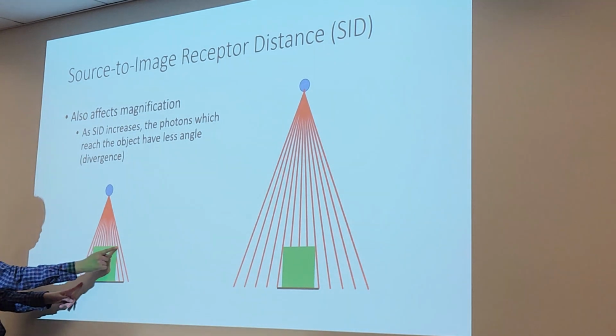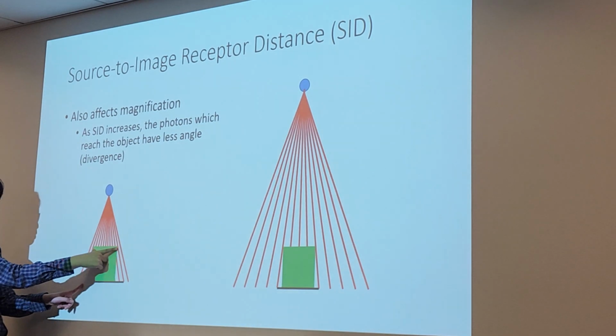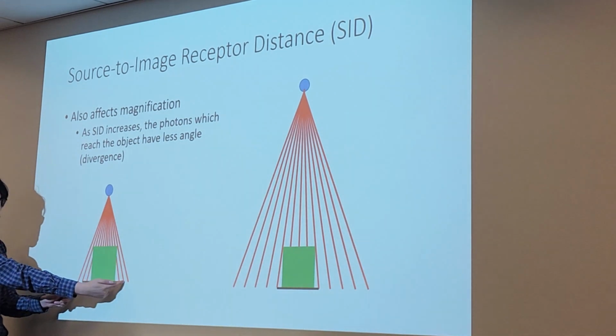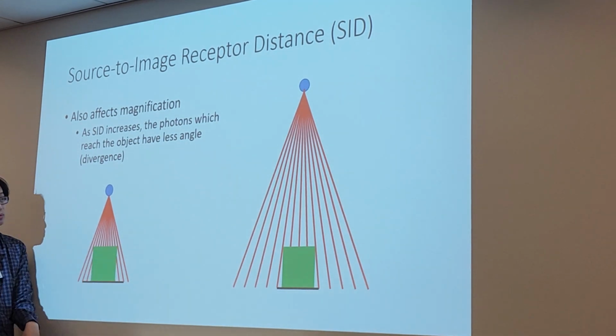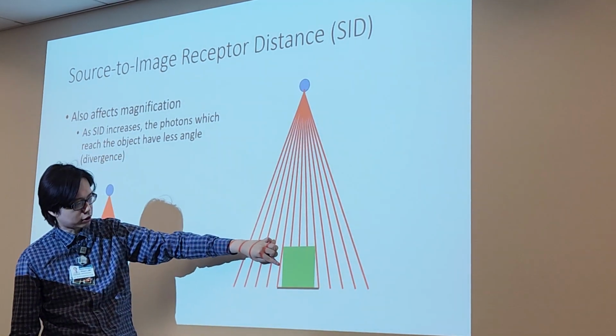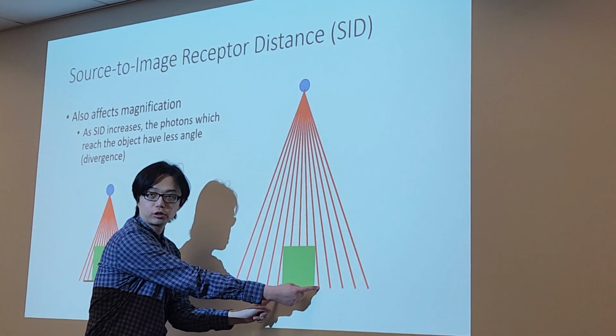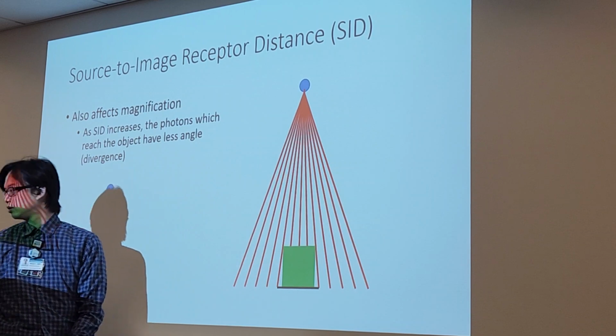So the size of this looks bigger on the image. You increase your SID, now this corner only shows up here and here. It looks a lot closer to the original size.